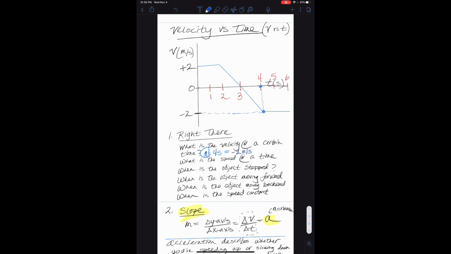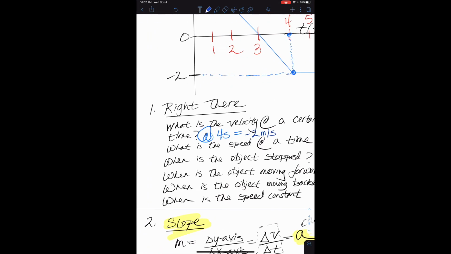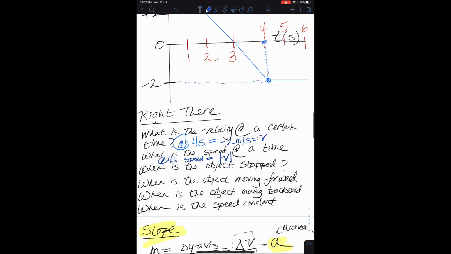What is the speed at, say, 4 seconds? Okay, so this next question, if we keep with 4 seconds, the speed would equal the absolute value of the velocity at 4 seconds. Well, what was the velocity? We just said it was -2. So what's the absolute value of -2? Pretty much all you have to do is just make it positive.